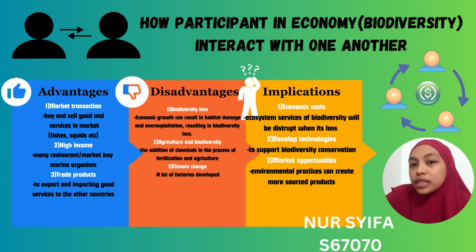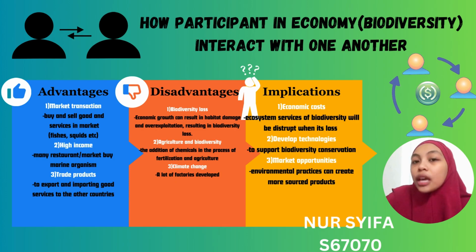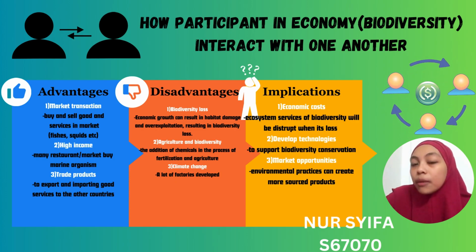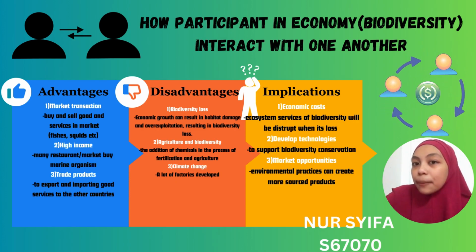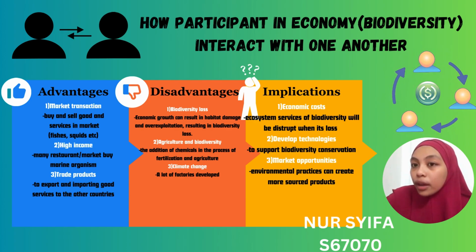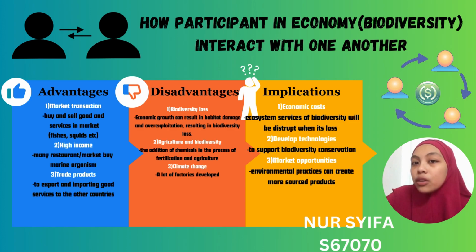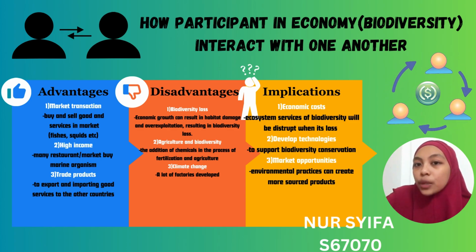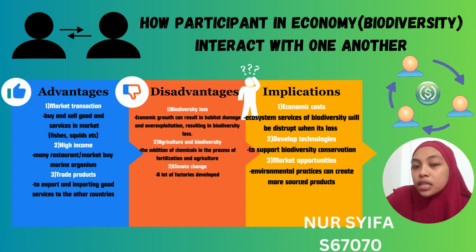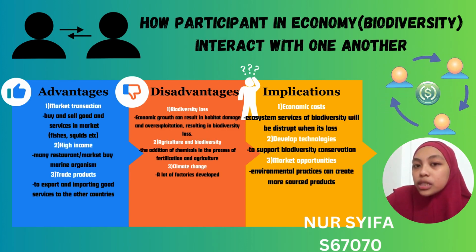For sure, the profits increase every year. It depends on the season too. Second, high income. Many restaurants or markets selling marine organisms increase because of very high customer demand. Thirdly, trade, exporting and importing goods and services to other countries so that our country will be known for defending abundant and healthy biodiversity, so that income from other countries will help our country become more advanced.